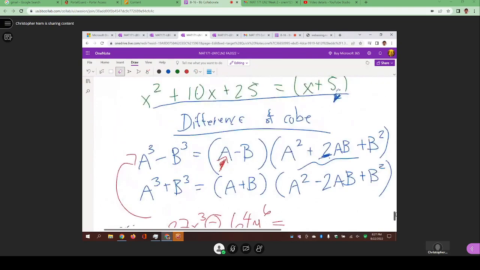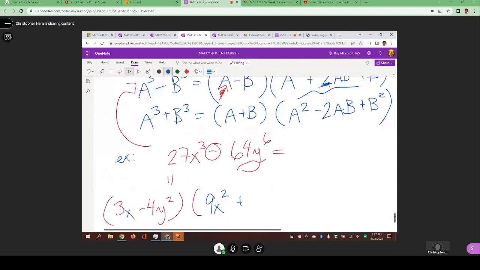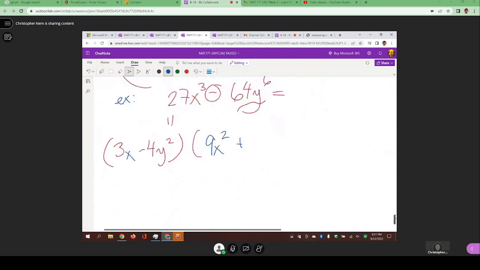If we look up over here, it says a squared, so our a value is 3x. So we're going to get a squared, which is going to be 9x squared. And then we're going to add 2 times ab. So 2 times these two multiplied by each other.